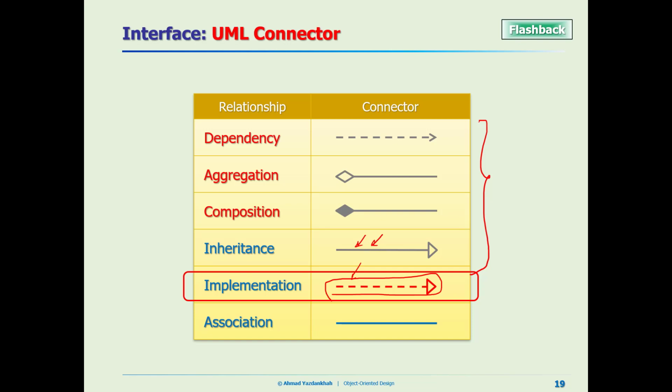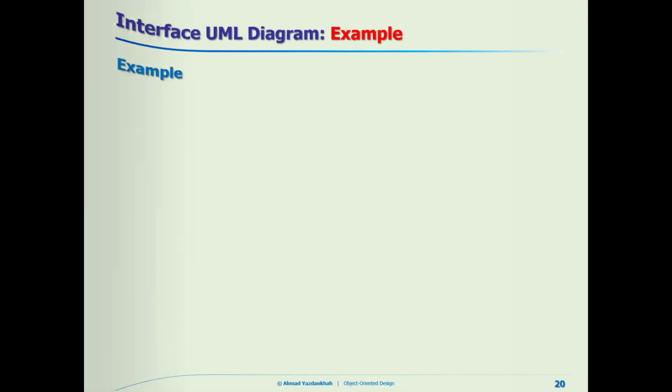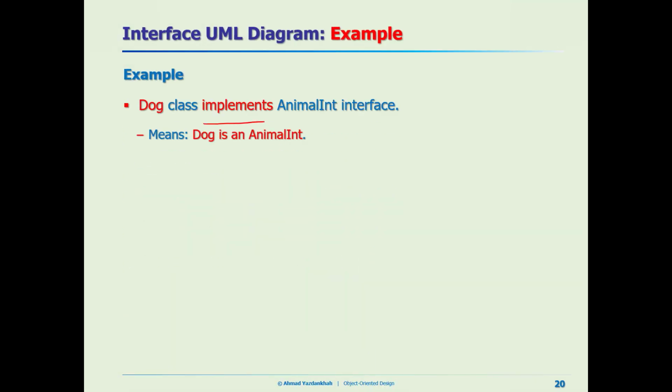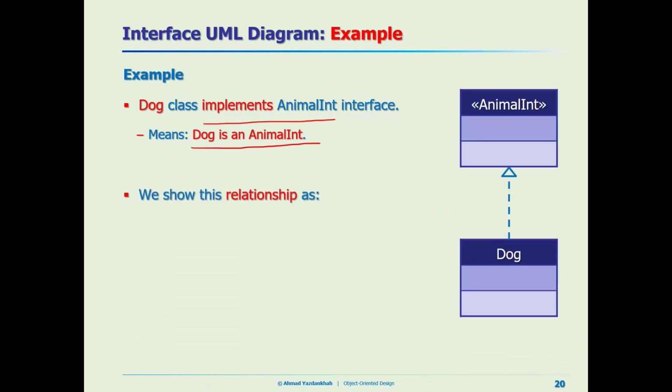Let me take an example to show you in practice. So dog implements the animal int interface. And we learned that dog is an animal int. All right. So we show this relationship like this.